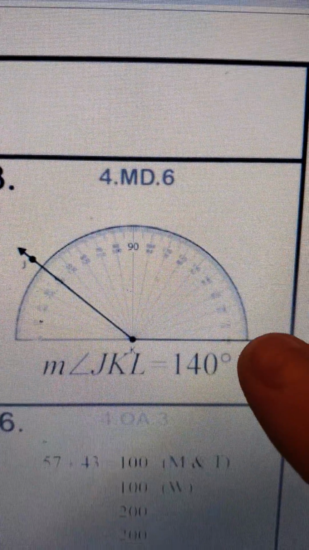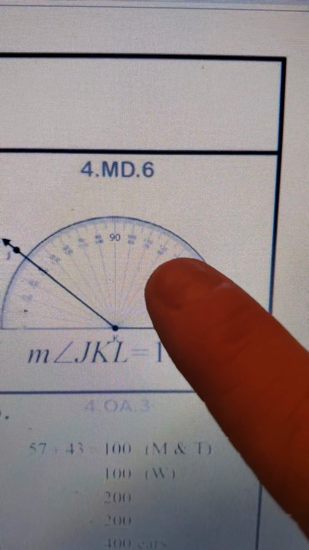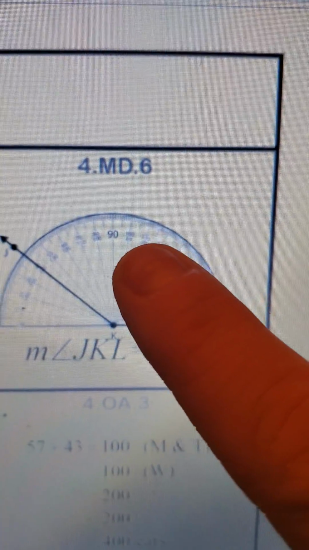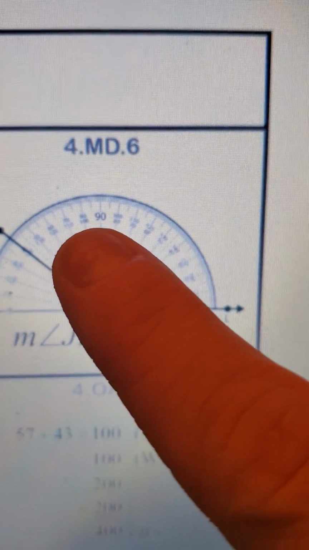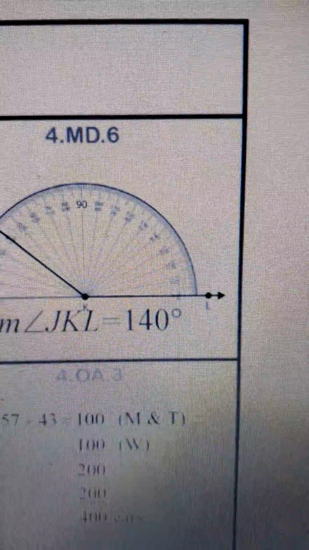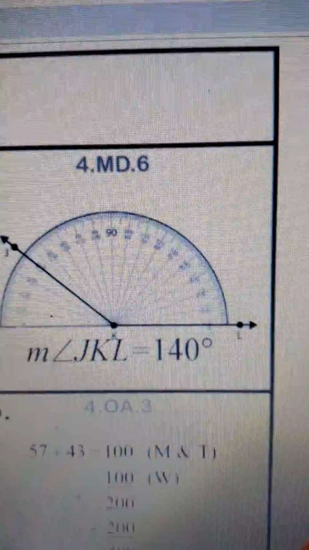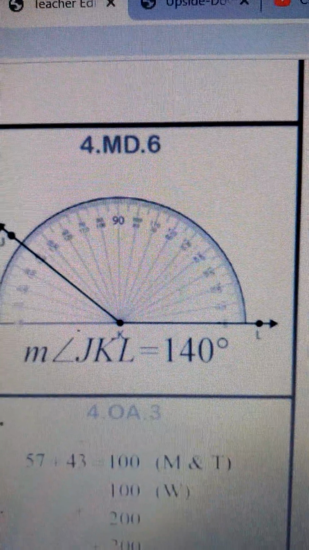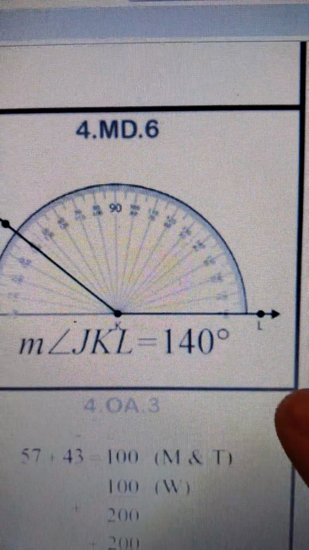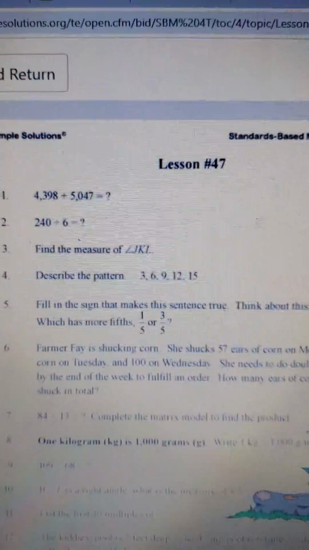Okay, so if I count all the way up, we got 10, 20, 30, 40, 50, 60, 70, 80, 90, 100, 110, 120, 130, 140. So the answer to that angle, JKL, is 140 degrees.